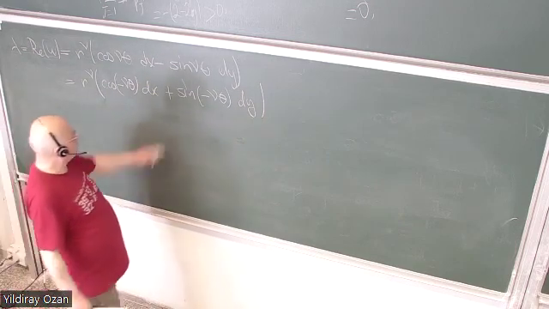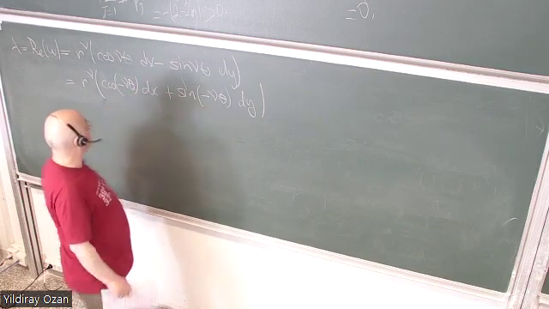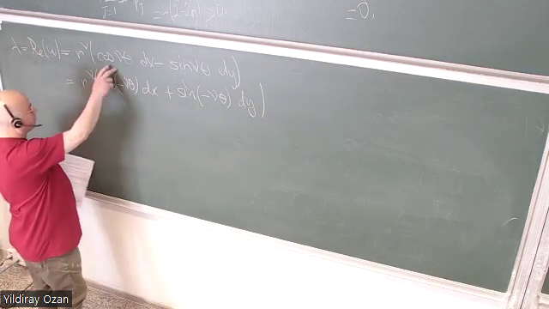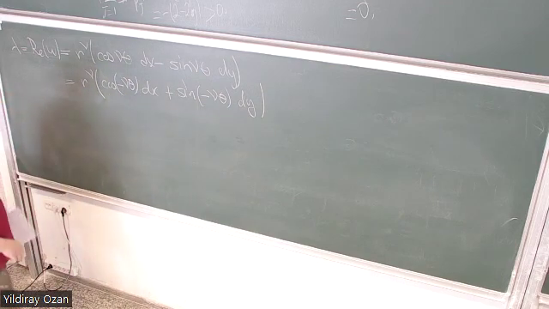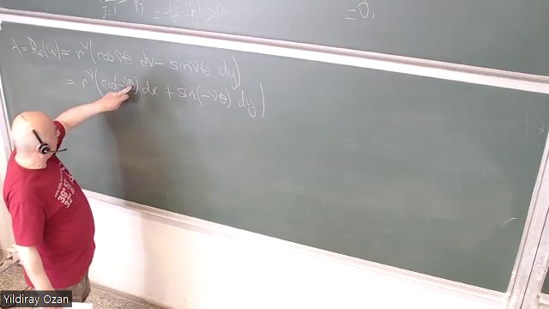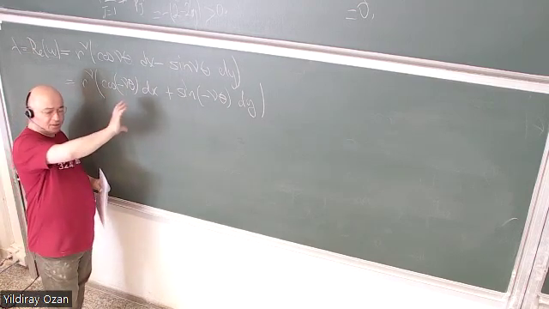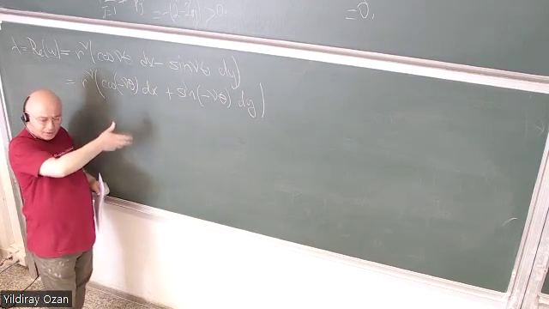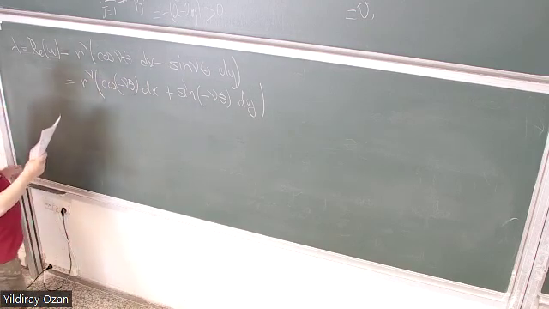So to get rid of this minus sign, I just put it inside. Here, this is cosine, therefore it doesn't matter whether you have minus or plus. The important thing is that here instead of theta, we have minus theta. So as theta increases, minus theta decreases. So there will be a minus sign.